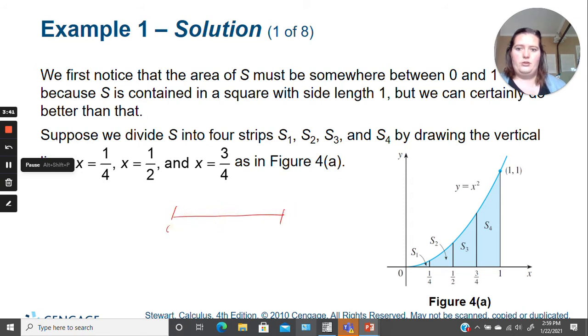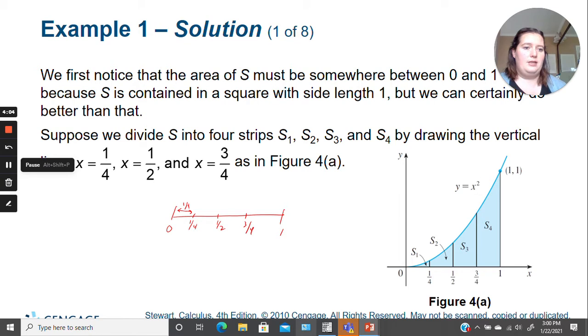I had my original 0 to 1. I'm going to break this into 4 different pieces, and so now my numbers are going to be 1/4, 1/2, and 3/4, and I know that the width of each of these is 1/4, and that's going to be important to us. From there, I'm going to draw the vertical pieces according to all those endpoints.